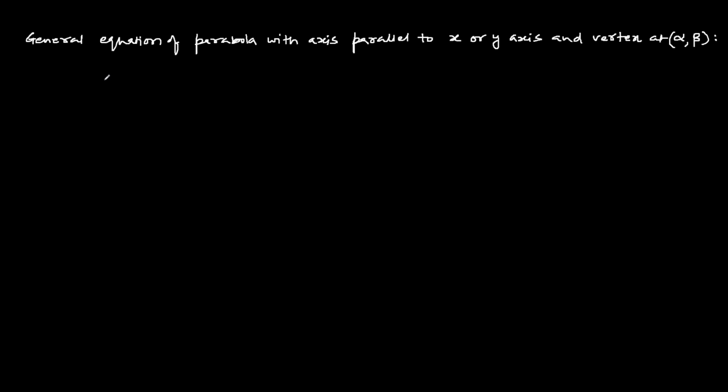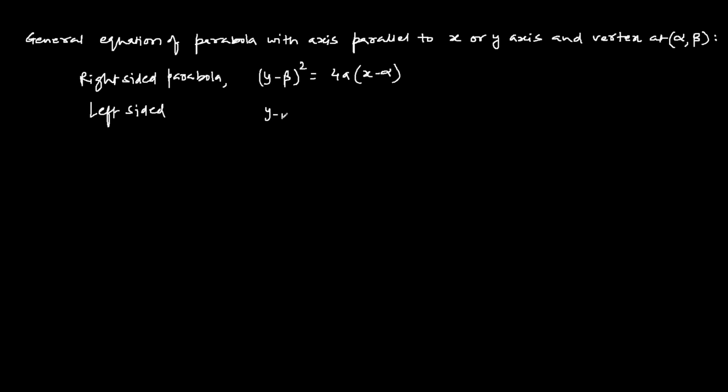So the general form for a right-sided parabola is (y minus beta) square equal to 4a(x minus alpha). For a left-sided parabola, this equation is (y minus beta) square equal to minus 4a(x minus alpha).